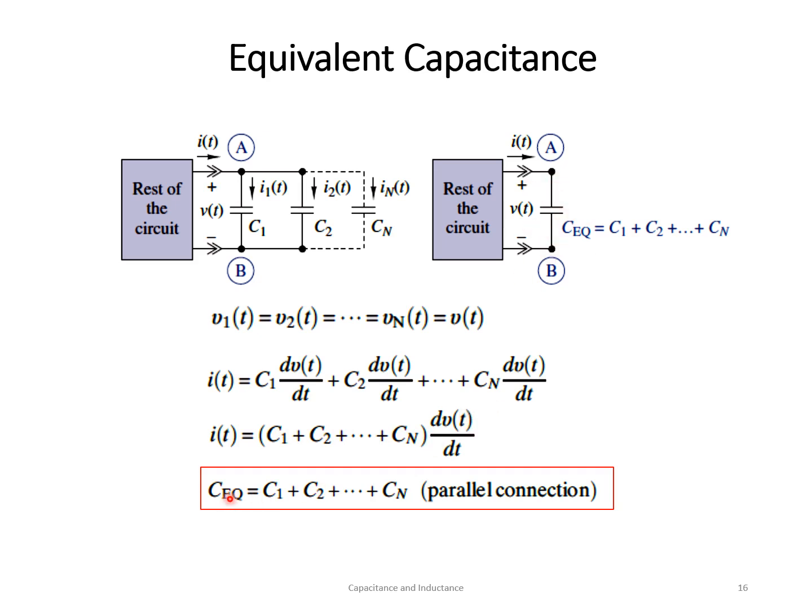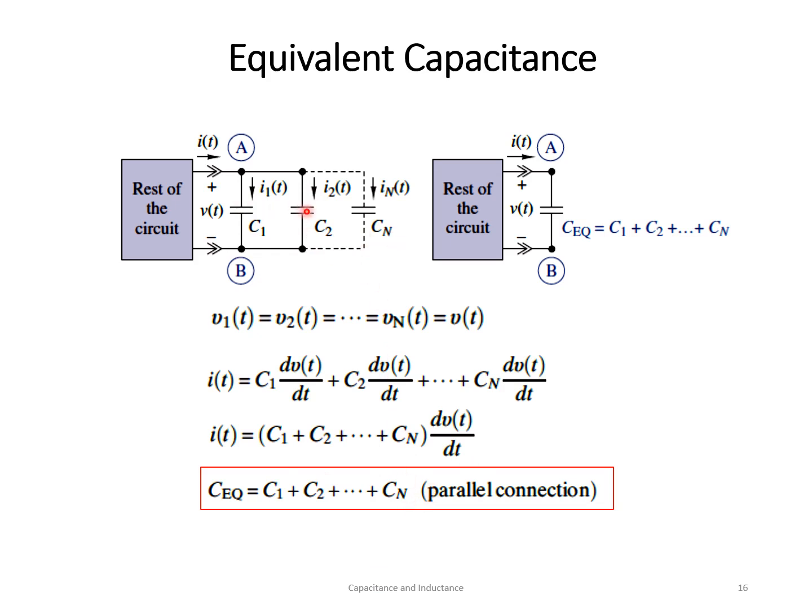So comparing these two, the equivalent capacitance is C1 plus C2 plus dot dot dot Cn. Note that if capacitors are connected in parallel, their capacitances add. This is opposite to resistors. Resistors are added when they are connected in series. This is a big, significant difference in the behavior of capacitors and resistors.